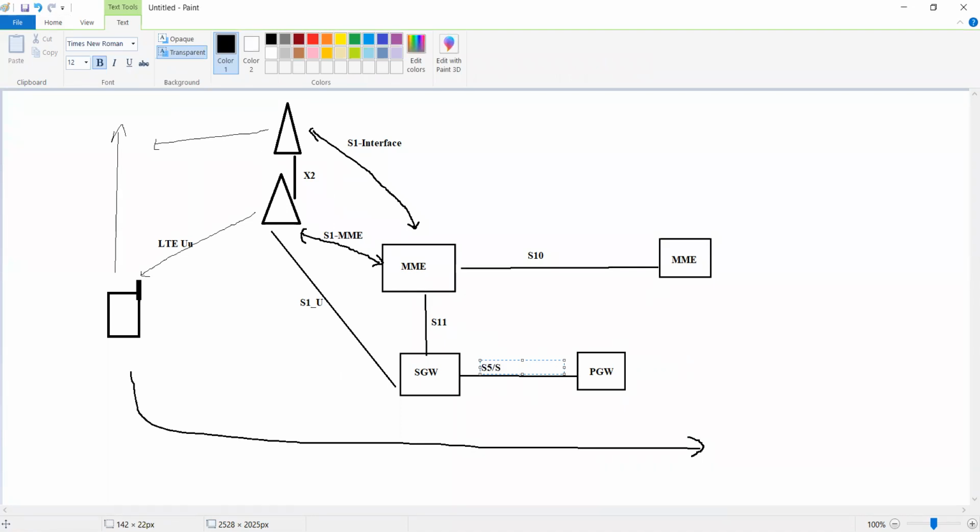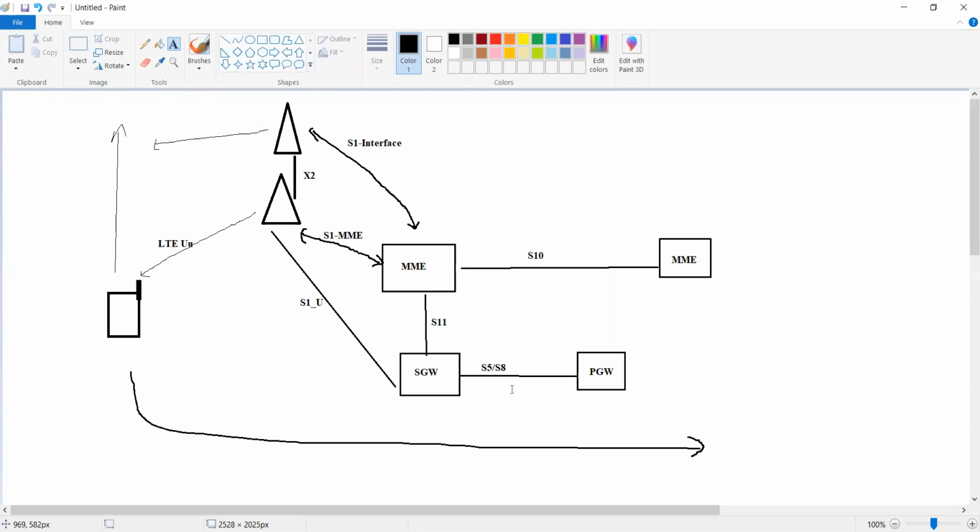So there is a condition here. This P gateway is connected to the PCRF, and it is connected to an external network. This is the P gateway connected to the external network, PDN, the packet data network.